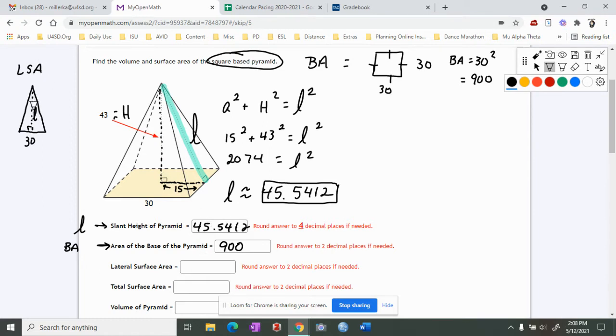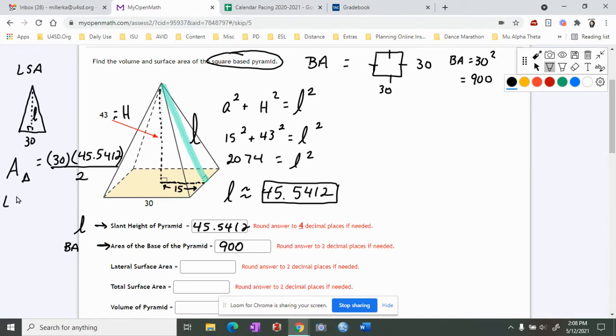And that then allows me to find the area of my triangle. The area of my triangle is that 30 times the 45.5412 and then divide by 2. That's my triangle. How many of those do I have going around? I have the number of sides of my base.